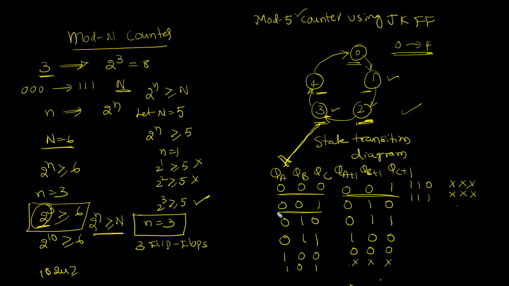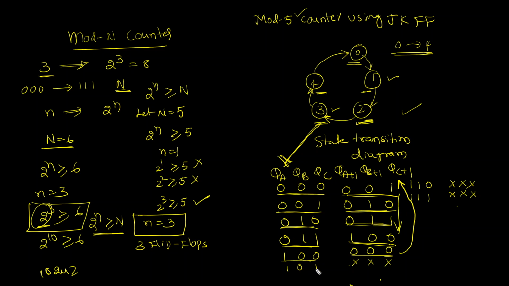Then upon application of the clock 1 becomes 2, 2 becomes 3, 3 becomes 4, and 4 becomes 0. Once it reaches 0, it is going to repeat the same cycle.